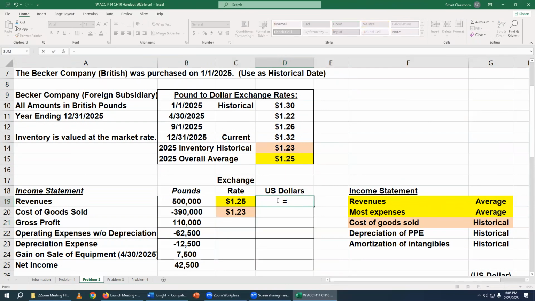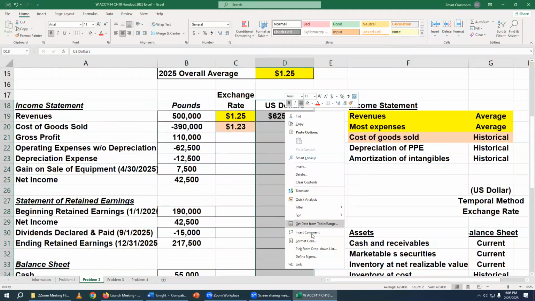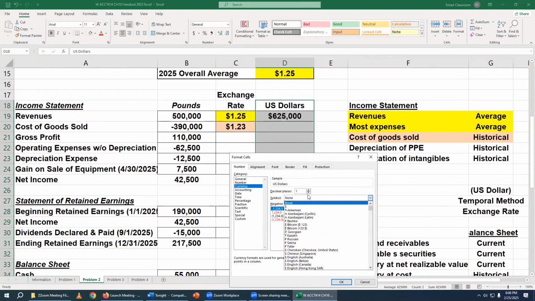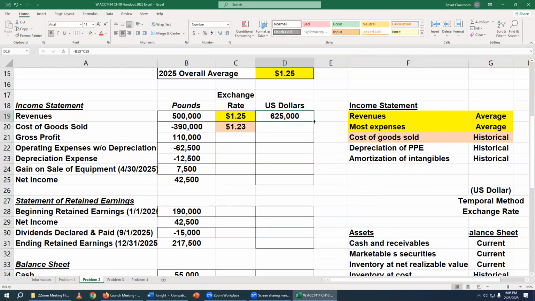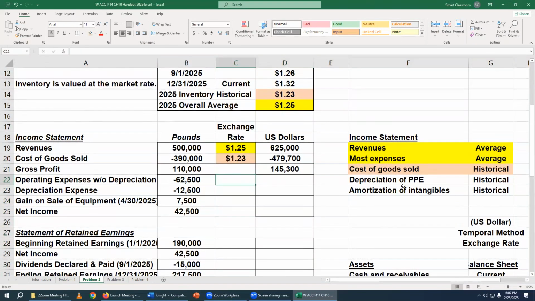Multiply these out, how about? Okay. Operating expenses without depreciation, most expenses will be at average cost.